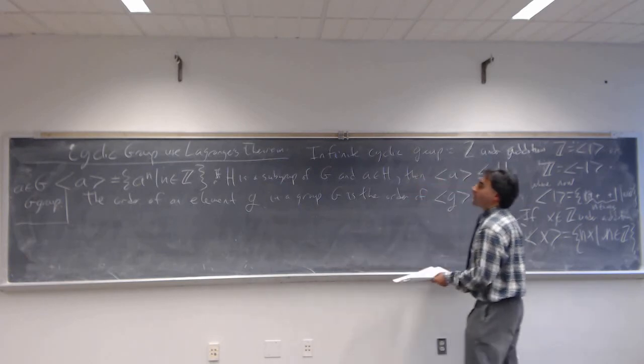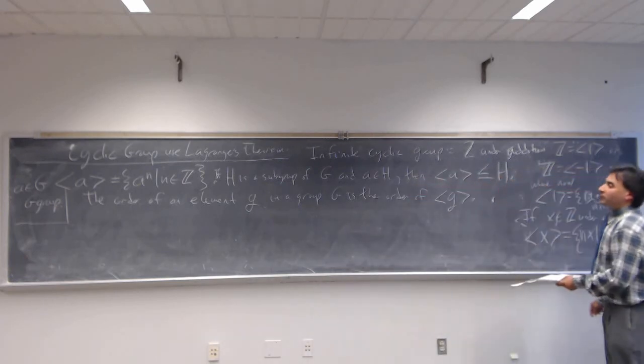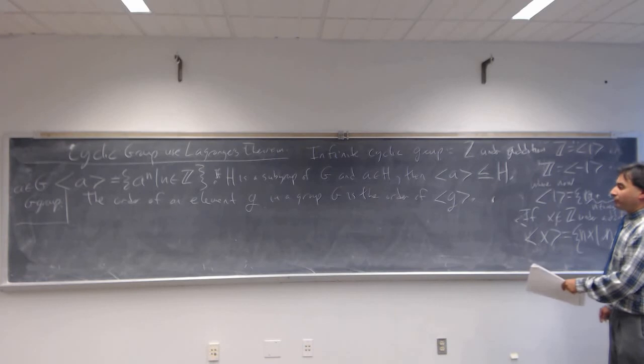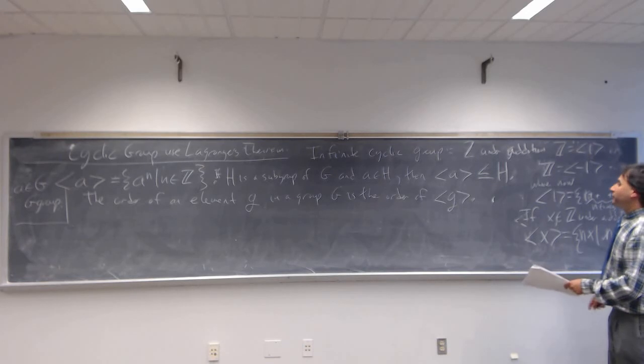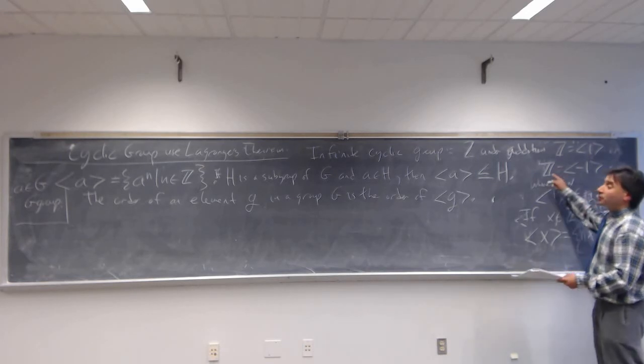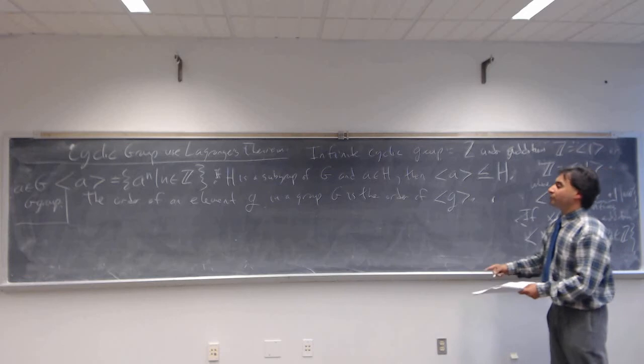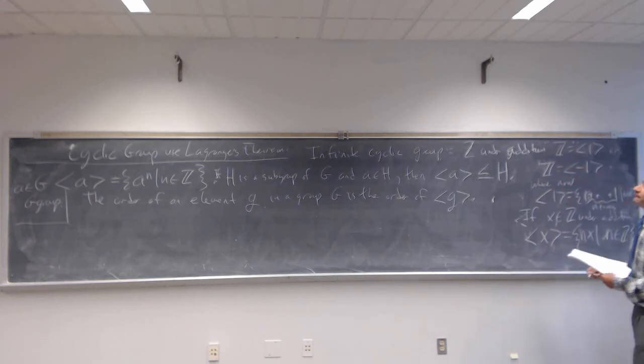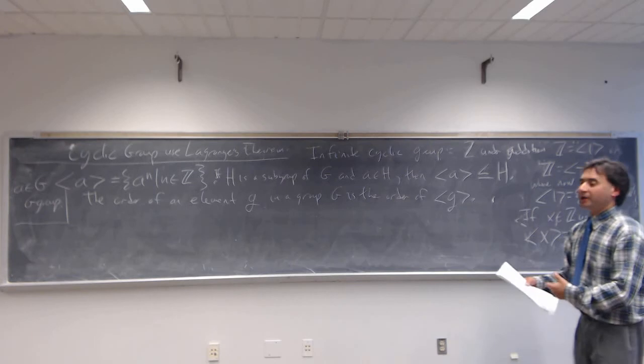And so really two things happen. You keep looking at positive powers of a, and either you get back to the identity or you don't. When you get back to the identity, then you've got a finite cyclic group generated by that element, and that element would have some finite order.